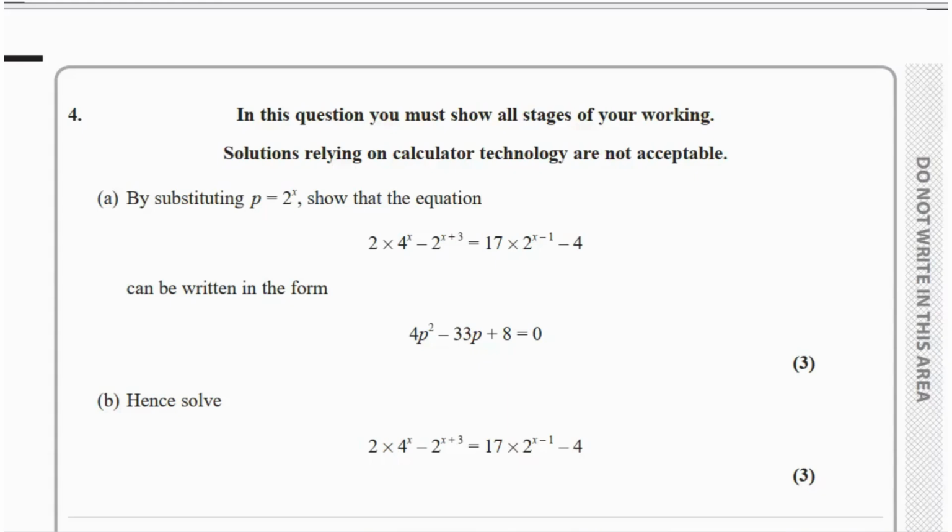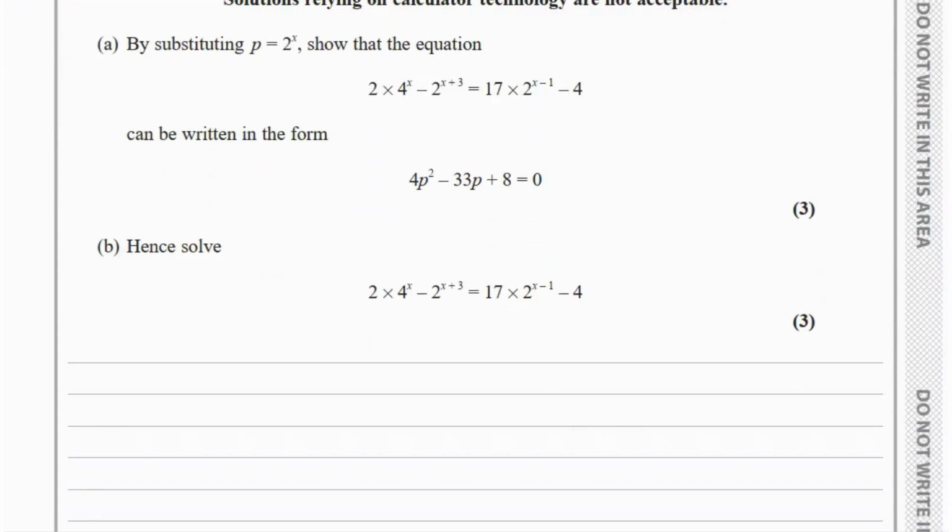So it's not very complicated. It's still very easy to understand. So we have 2 times 4 to the power of x minus 2 to the power of x plus 3 equals 17 times 2 to the power of x minus 1 minus 4.